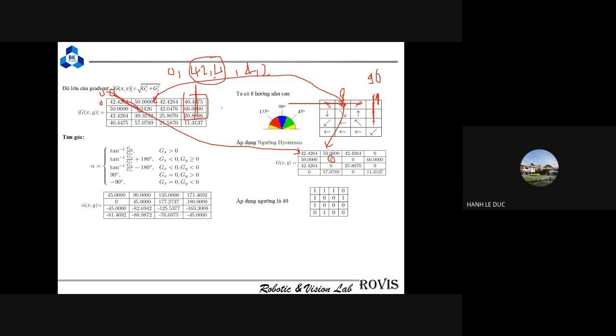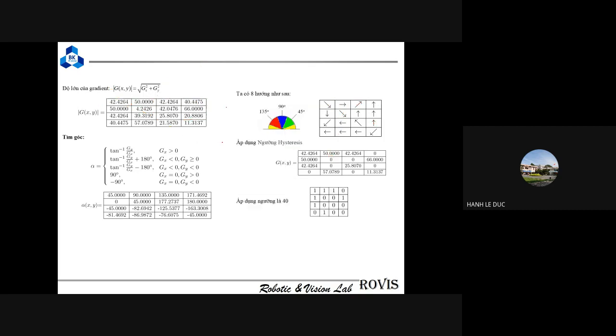And then from here you can see which value is biggest. This one is kept, and the two remaining become 0 and 0. So this is non-maximum suppression, okay?